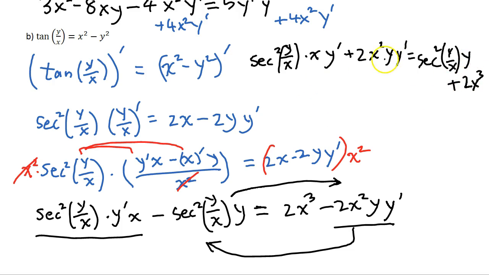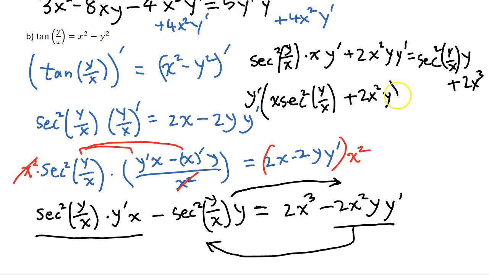Okay. Now, since I have y prime, I can factor out the y prime. If I factor out the y prime, let's see what's left. I have x times secant squared y over x, and then 2x squared y.